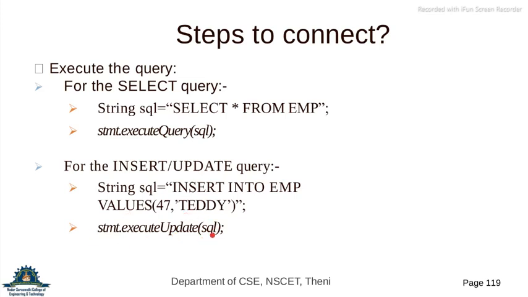Just imagine and give me the reply. If you are working with this particular insert, what will you get? Statement.executeUpdate(SQL): if it is updated, you get true; if it is not updated, you'll get false. So it is going to be in the form of a boolean.